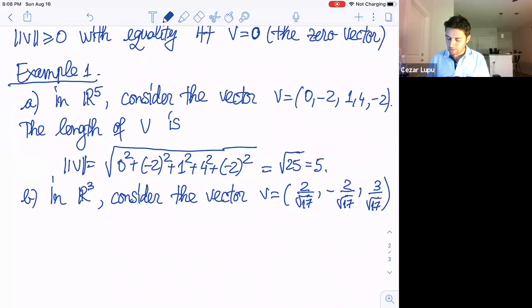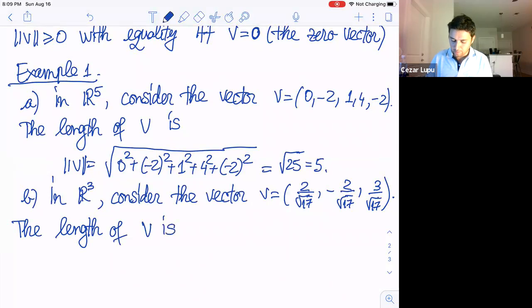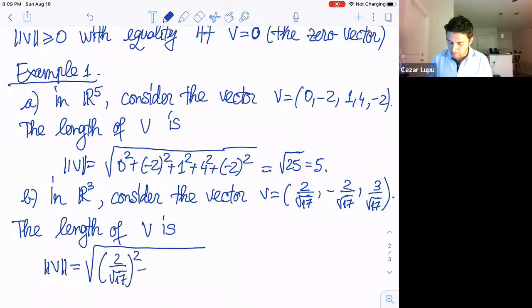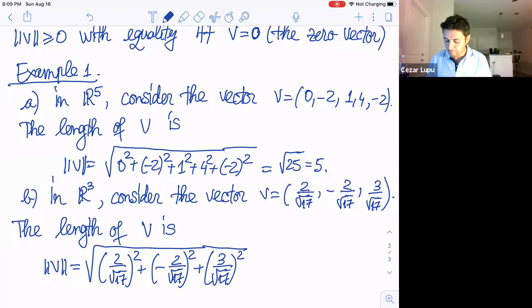The length of v, according to the formula, is the square root of (2 over square root of 17) squared plus (-2 over square root of 17) squared plus (3 over square root of 17) squared.